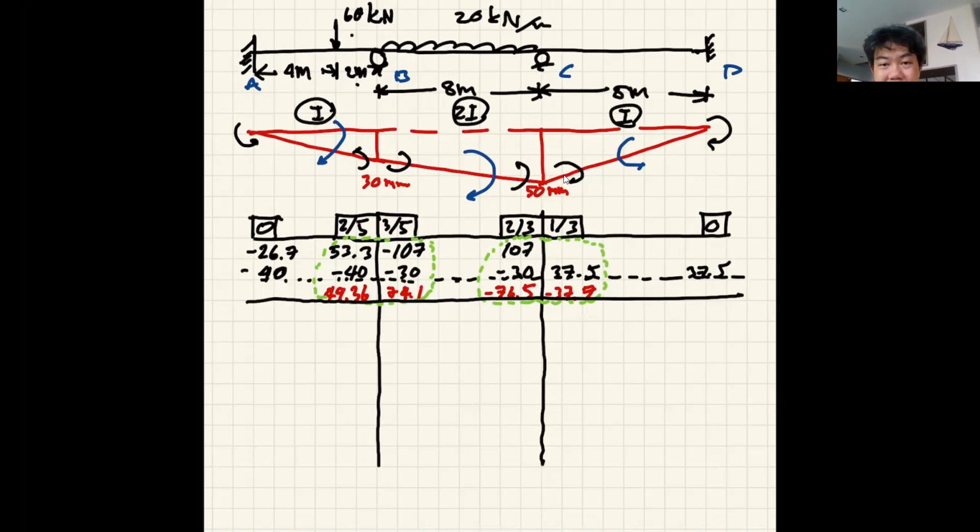If the moment exists on one end, on the opposite end, it should have the corresponding value, about a half of that. So this is 24.68. This guy comes over here, minus 38.25, around that. Here, it's 37.